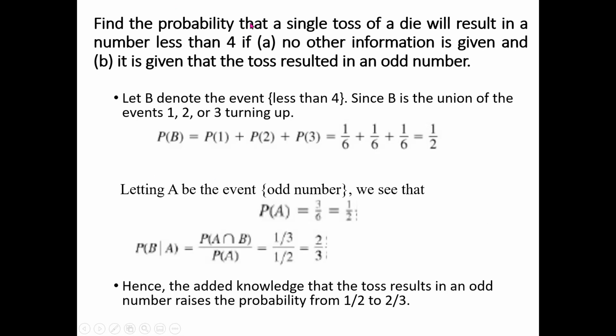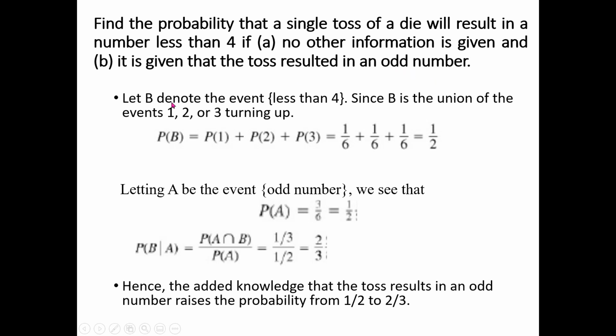Okay, so we have another question. Find the probability that a single toss of a die will result in a number less than 4 if condition A is that no other information is given and condition B is that it is given that the toss resulted in an odd number. In part A this is simple probability, whereas in part B it is conditional probability, because we are given a condition.